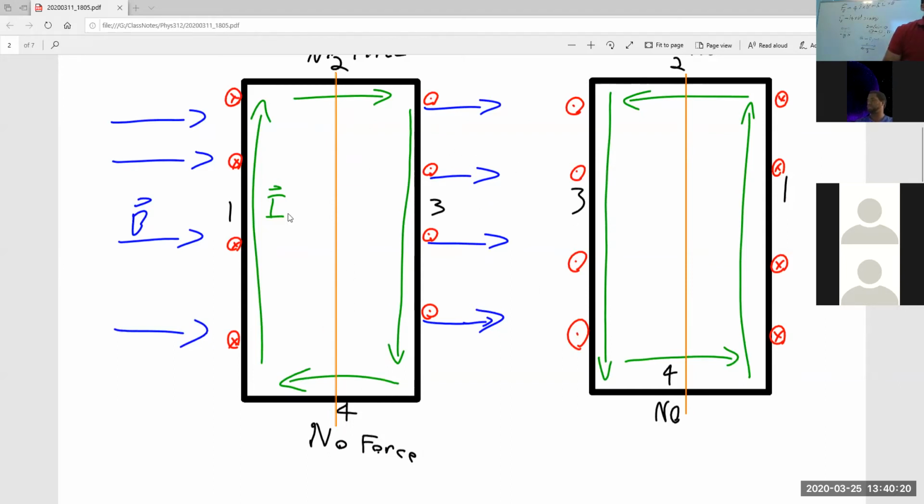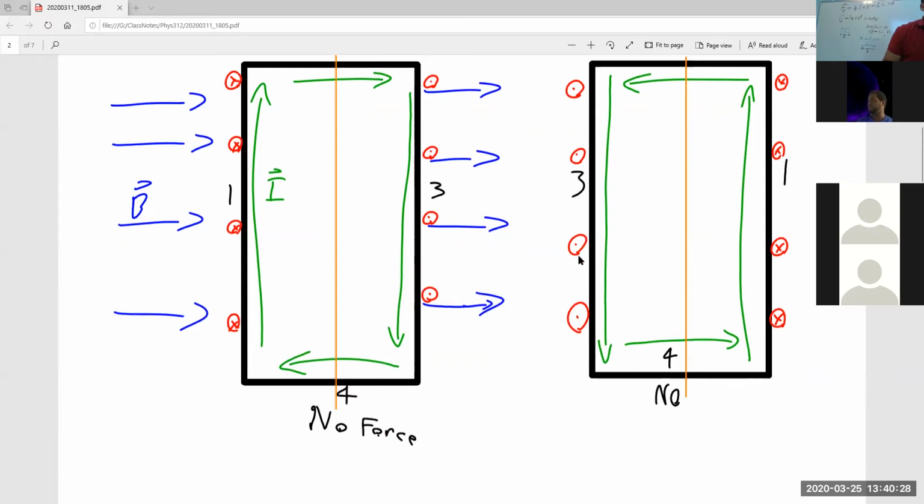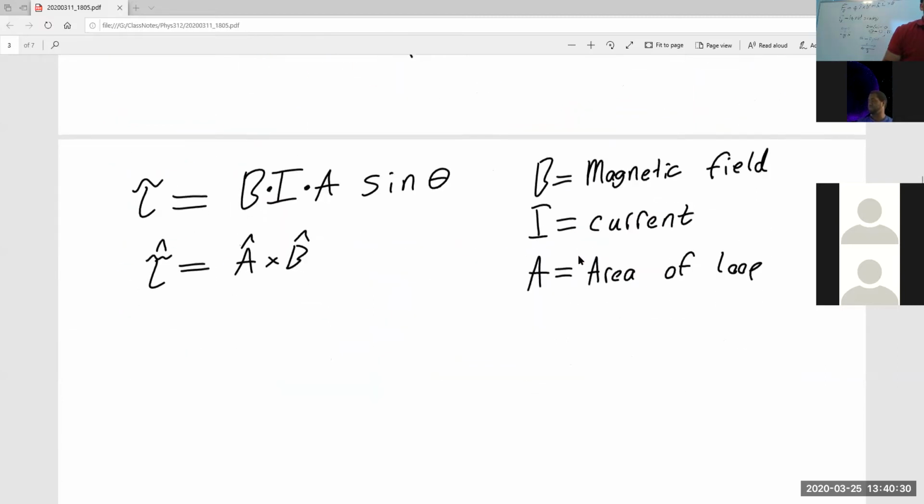For the most part, most electric motors are based on this idea. These are a lot closer to how mechanical electric toothbrushes work, but because they go back and forth, they don't spin all the way around. But this is the equation that governs how that happens.